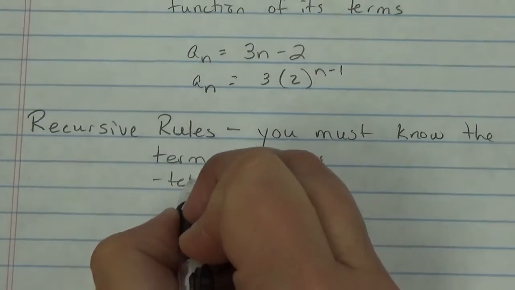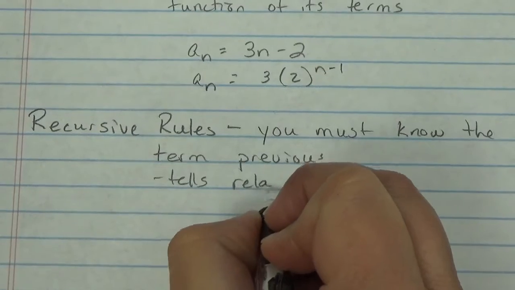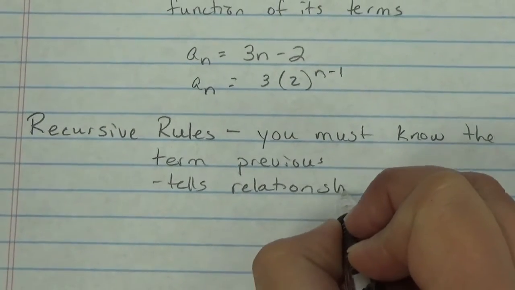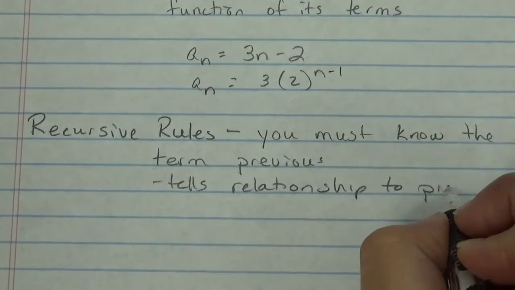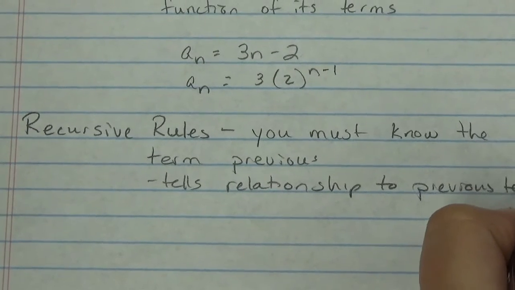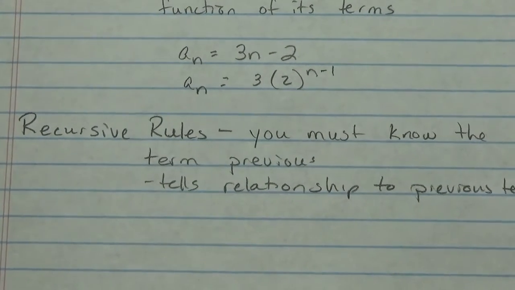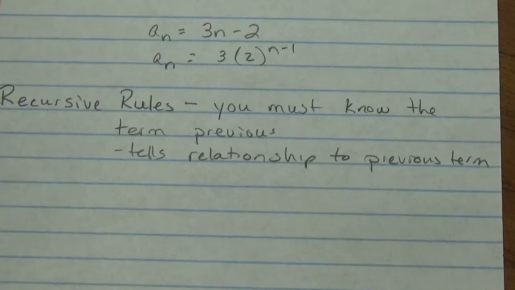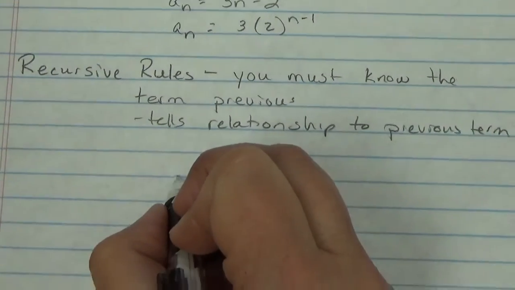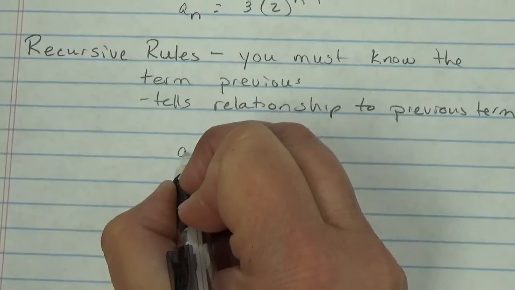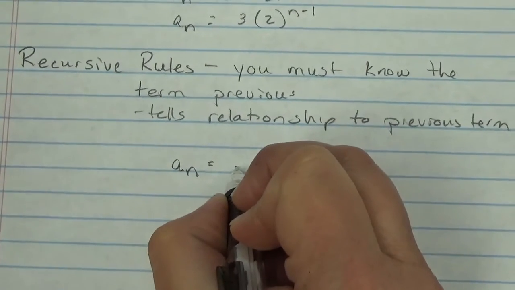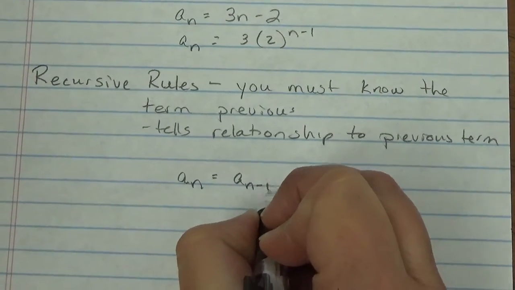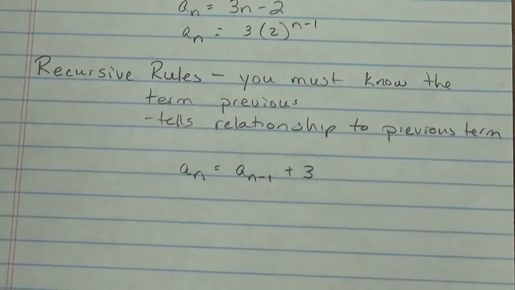It tells the relationship to the previous term. Here's an example of a recursive rule. It will look like this. a sub n equals a sub n minus 1 plus 3.